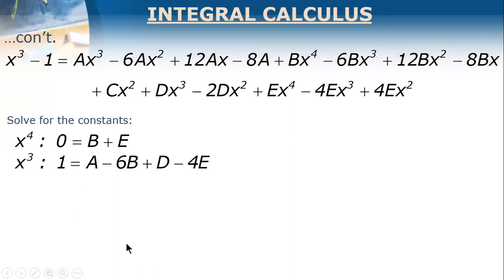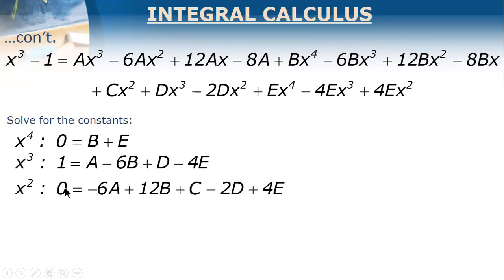And then for x cubed, we have a term x cubed, so the coefficient is 1. Sa right side, we have A, negative 6B, D, and minus 4E. And then for x squared, we don't have a term containing x squared sa left side. So 0 lang.